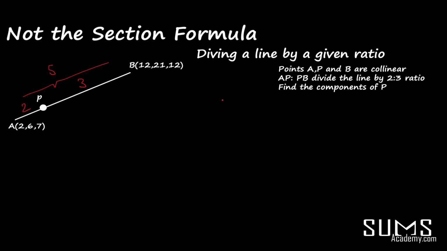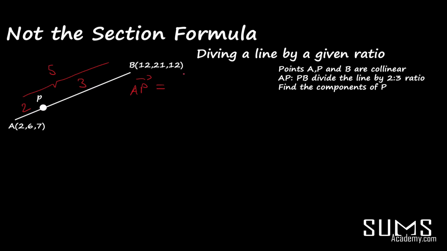So how do we figure out what P is? Well, what you can think about is, if I know AP, and then if I know A, I'll be able to figure out P. So I'm going to think about AP as what length, what distance, or even what vector.